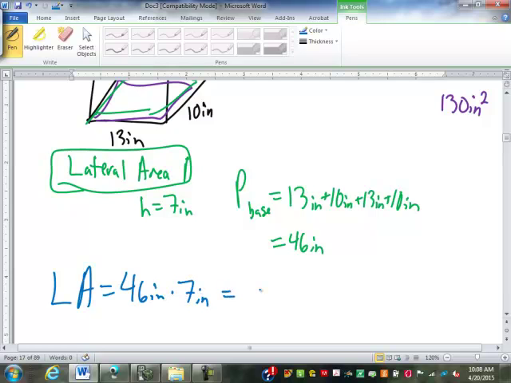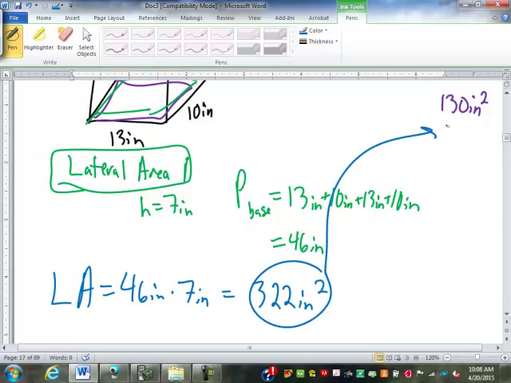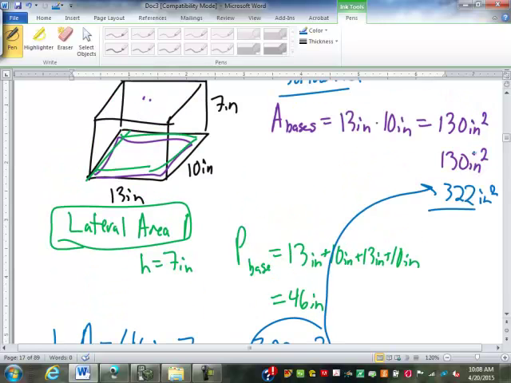Otherwise known as 336 square inches, correct? No, it's not. 322 square inches, yes. So that gets added to our list here. So 260 plus 322 is 582 square inches. That's our surface area.